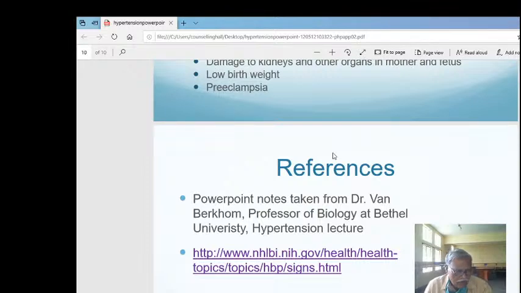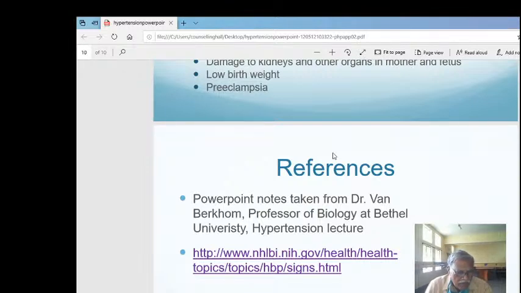And next is, if there is no response, start one drug, that is a long-acting diuretic like chlorthalidone, which is a potassium losing diuretic, which may produce side effects like muscle cramps and pains and muscle weakness. So that should be checked by doing a potassium level estimation in the blood.